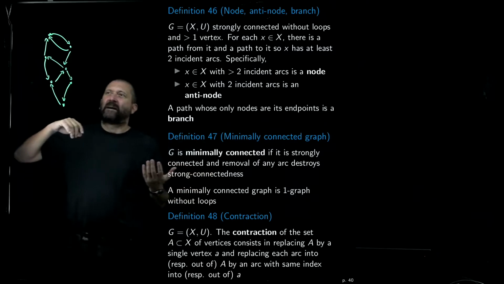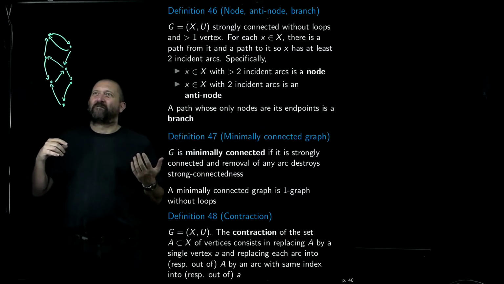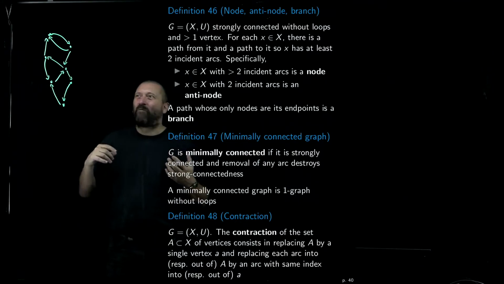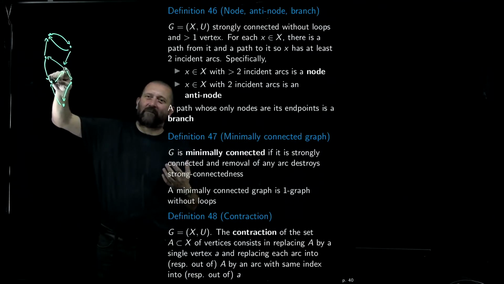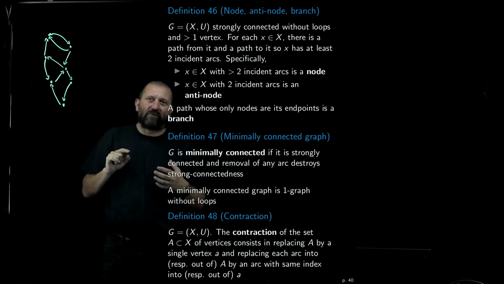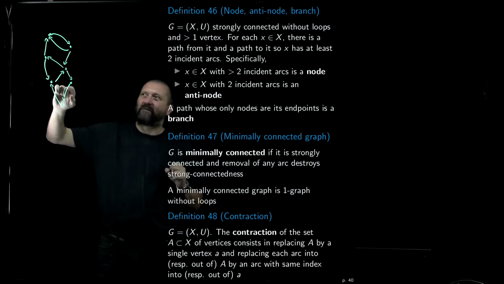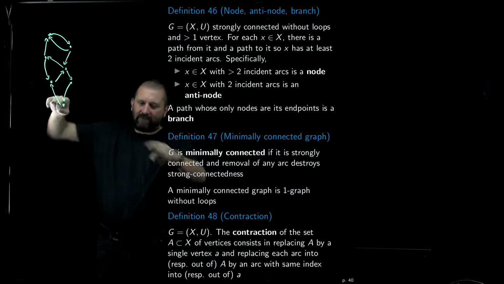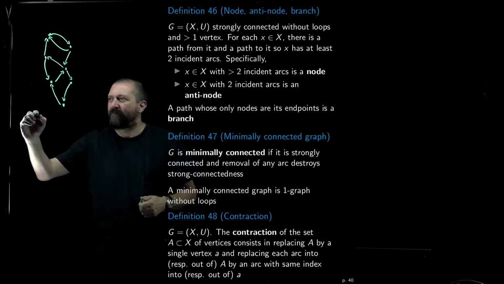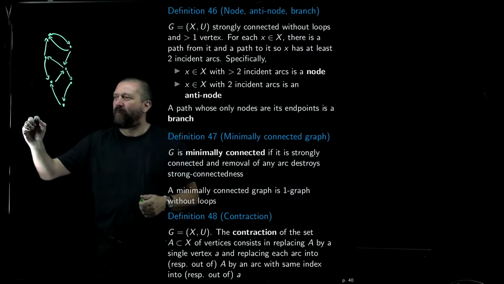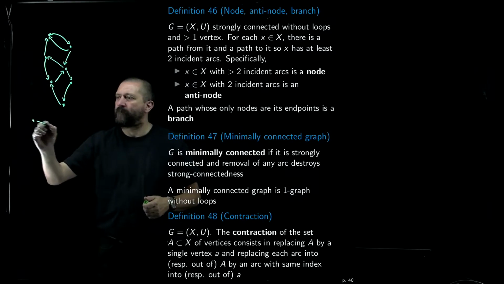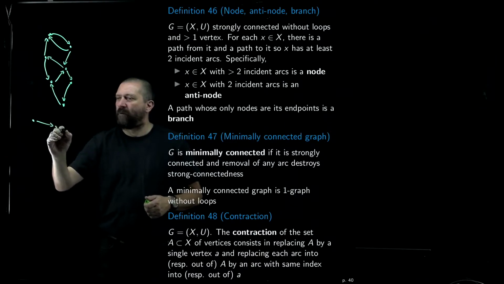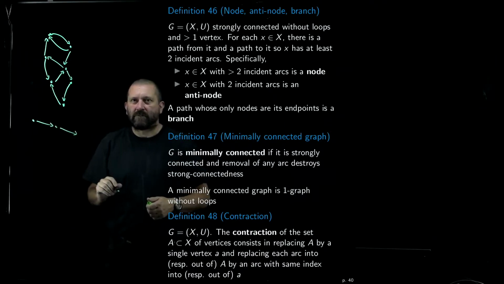Okay, so if I have, okay, this one is not well chosen. So remember that to have a node, I need more than 2 arcs. And to have a branch, I need something like this. So let's think about a path like this.